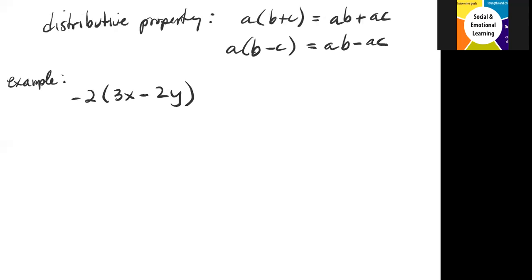There's a couple different ways we could write this that would be equivalent. So if I want to expand these brackets, I should actually say, instead of example, we've been asked to expand. And that means expand the parentheses. How would I write this out without the brackets? What would be an equivalent expression?